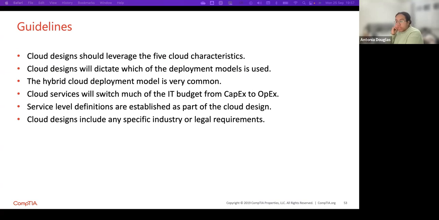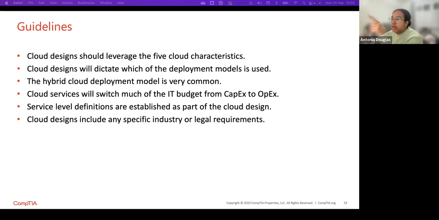So lastly, this is the last point that we're going to cover before we finish, which is guidelines. Guidelines might be what your cloud design should leverage, and the 5 cloud characteristics, cloud designs which dictate which deployment model is used. I don't want to read through all of these.